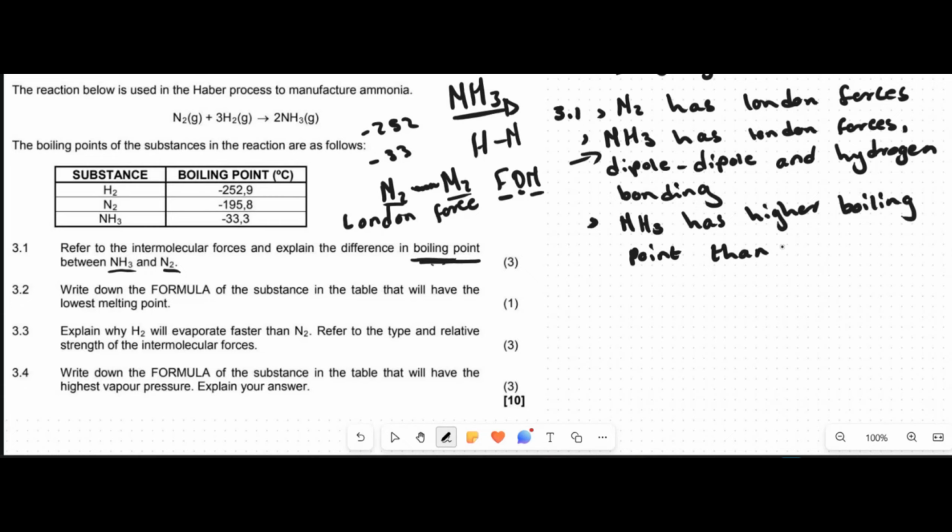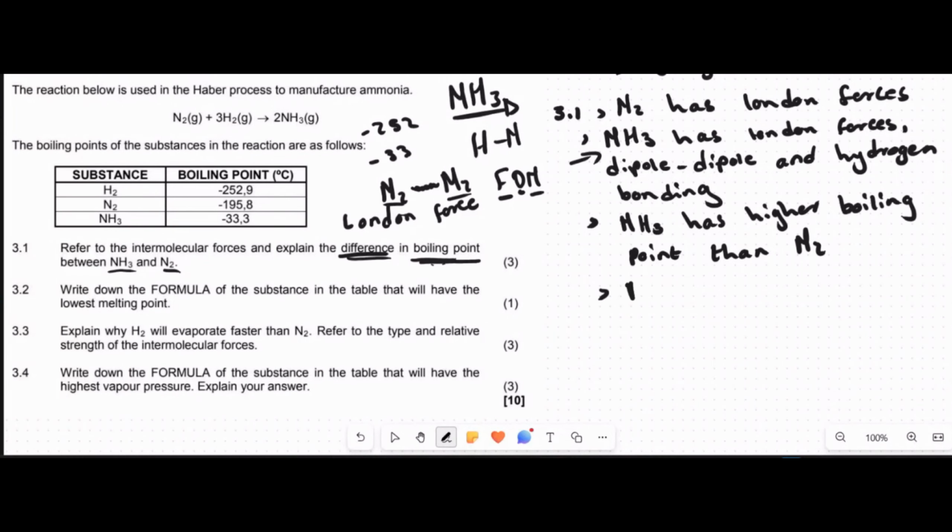Remember, you are comparing, so refer to the intermolecular force and explain the difference. You must use words that relate to comparison. Tell them that ammonia has a higher boiling point than nitrogen gas, than N2, right? Has a higher boiling point than N2.